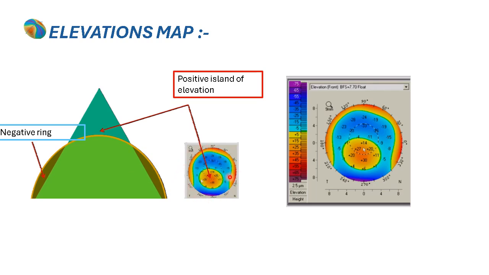Now this map is named a central island on a sea of blue. This is very suspicious of keratoconus and should be taken seriously. So this is the distribution of the colors and the relation between the apex and the best fit sphere.